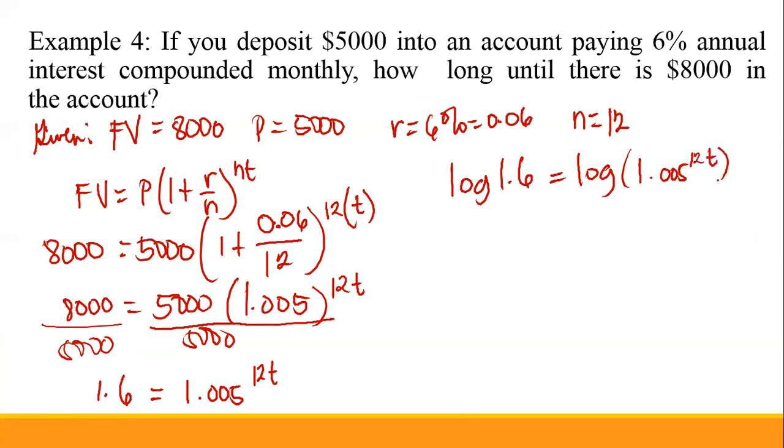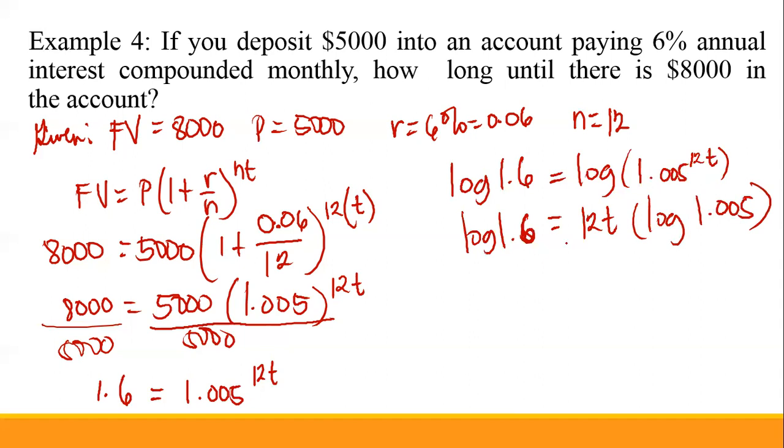Ayan. So, this is now equal to logarithm of 1.6 equals 12t times logarithm of 1.005, di ba? So, we take out the exponent, ibaba natin siya. Kung naalala nyo yung mga discussion natin tungkol dito, ayan, so 1.005 na siya.